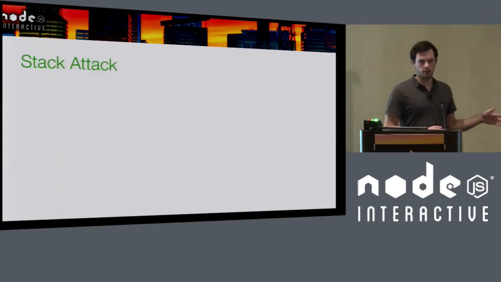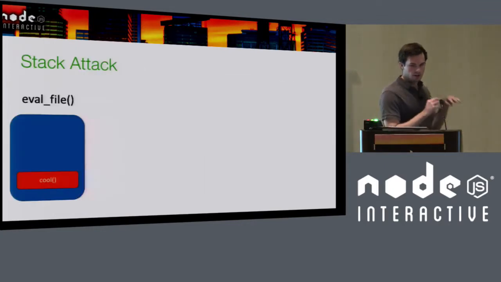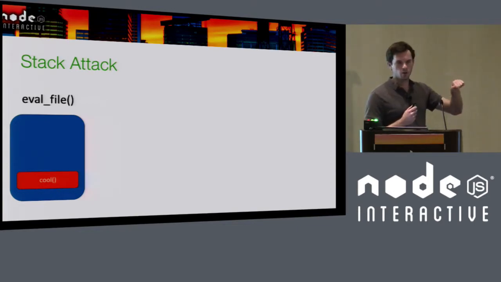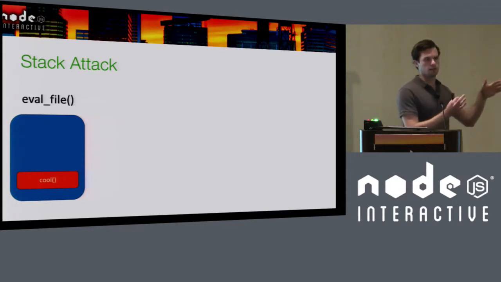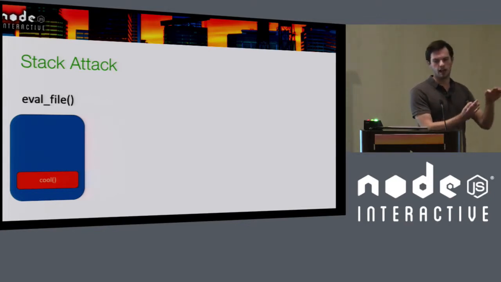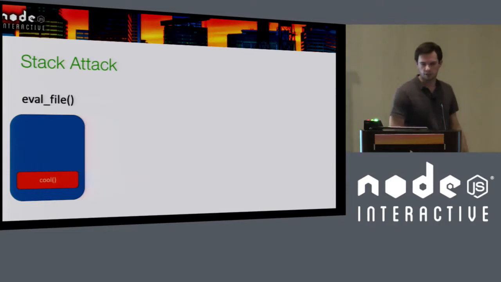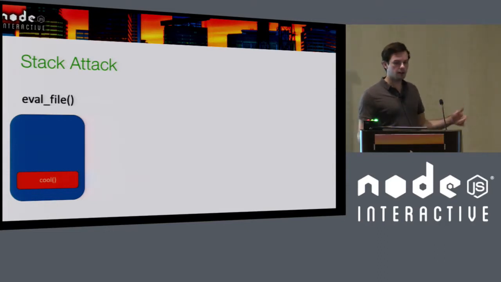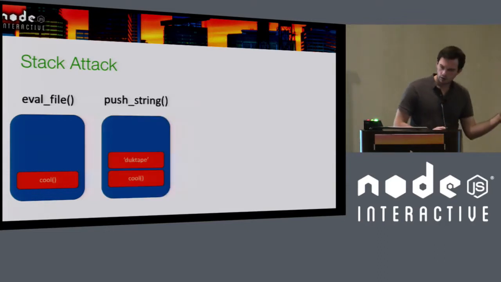So this is what's going on inside the interpreter, right? You evaluate the file, and at the end of the file, you may have noticed that I had cool semicolon, right? And there's a lot of ways you can do this, but I eventually wanted the result of the execution of that JavaScript to result in the function being placed on the stack. So that's why I have cool semicolon at the bottom there. So I evaluate the file, and it places the function on the stack.